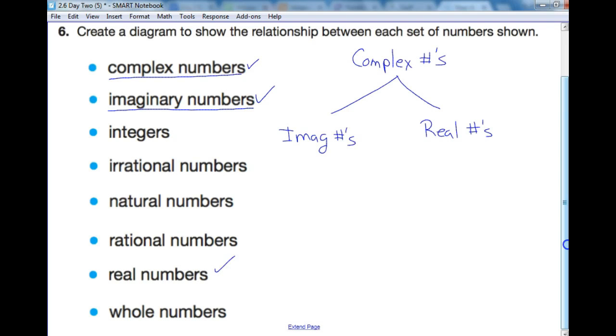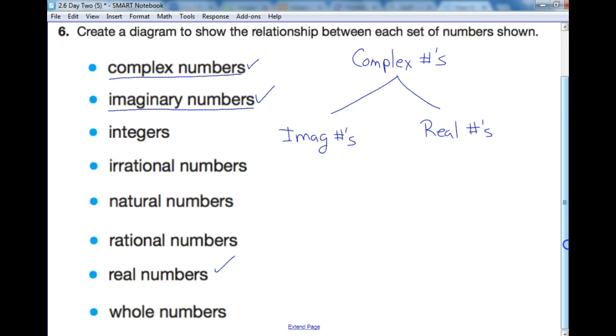Now let me ask you, any of these other definitions, integers, irrational, natural, rational, whole numbers, that we talked about previously, can they fall underneath the imaginary category? Hopefully, obviously not. So all these other categories fall underneath real numbers.